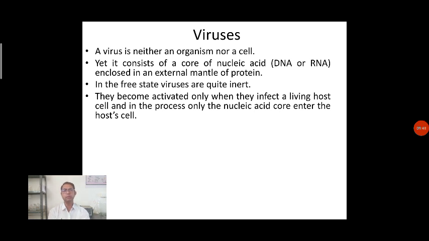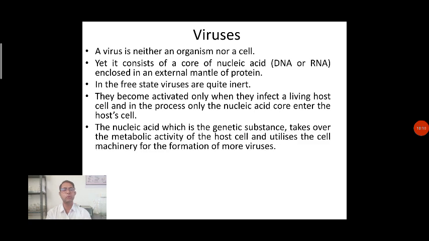So simply we can say viruses cannot reproduce or grow by themselves. They require a particular type of host cell, and within that cell they start to grow and show multiplication activity. That's why they are known as inert structures.